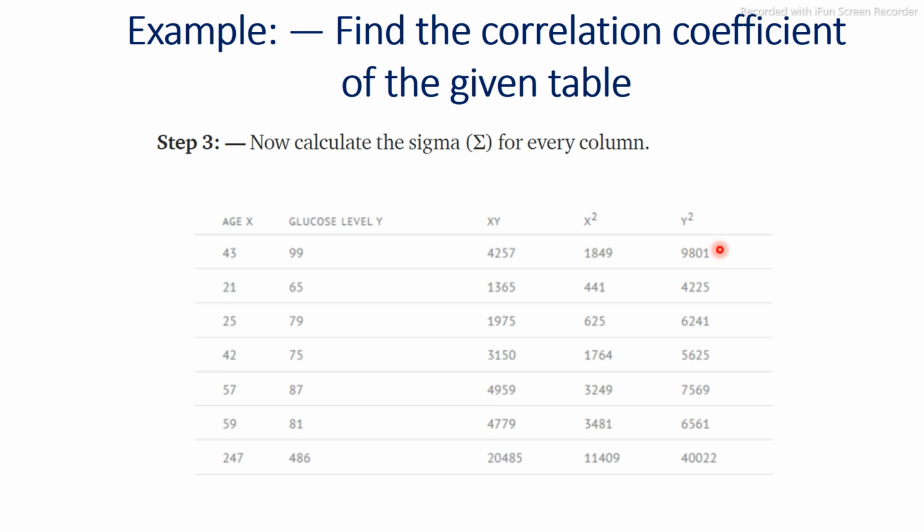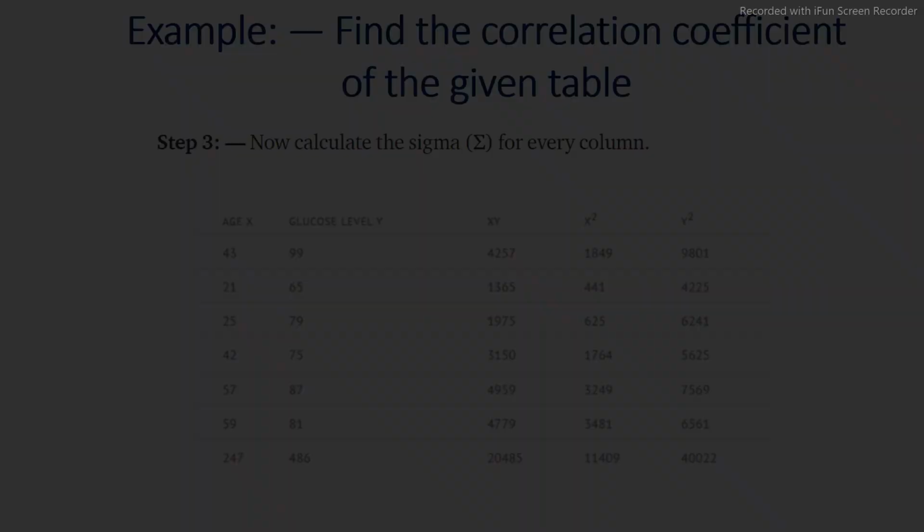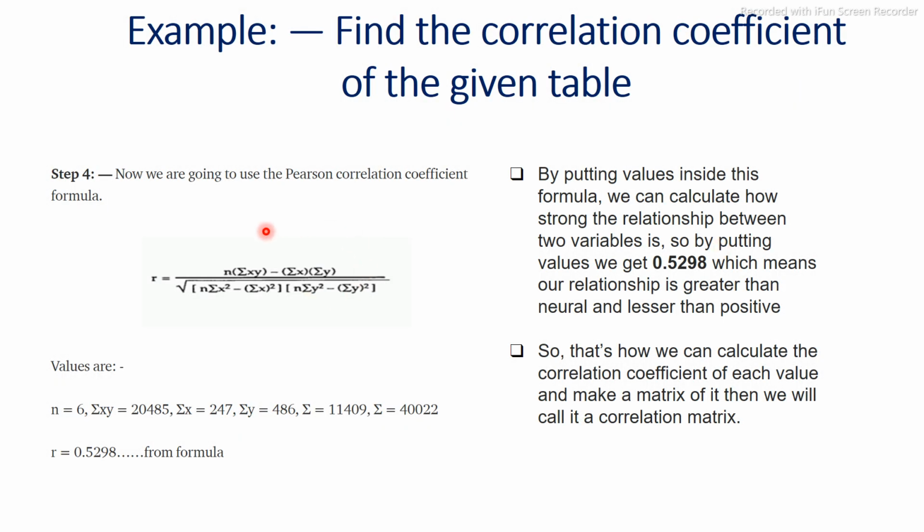Now you have to put these in this formula, R equal to, this is the correlation coefficient. If you have, let's say, 5 data points, you have to sum it up. We have the summation of X and summation of Y, and now we have calculated all these things.